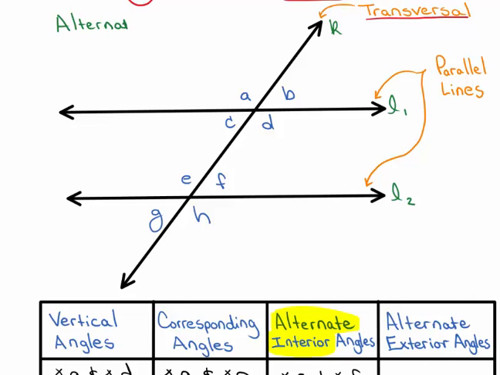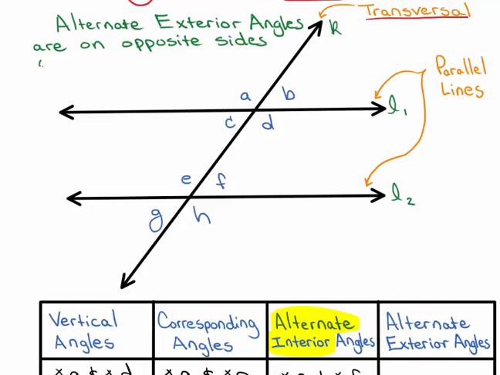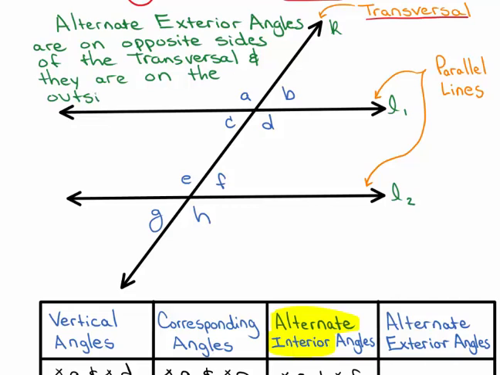So alternate exterior angles are on opposite sides of the transversal, and they are on the outside of the parallel lines.